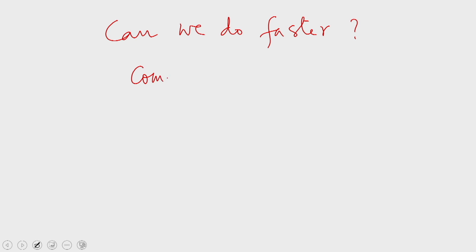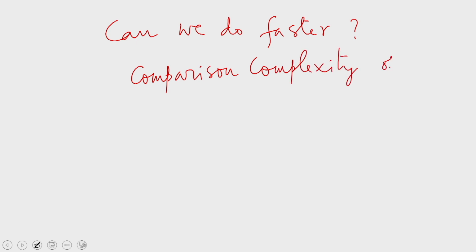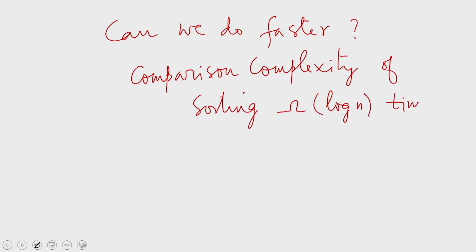But can we do faster? As it happens, we cannot do faster, because the comparison complexity of the problem stipulates that you require omega log n time with n processors, or with even a polynomial number of processors.